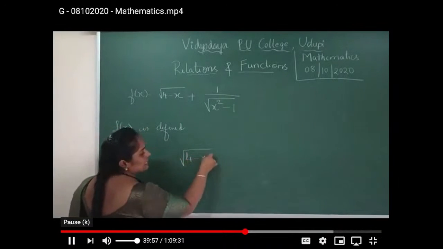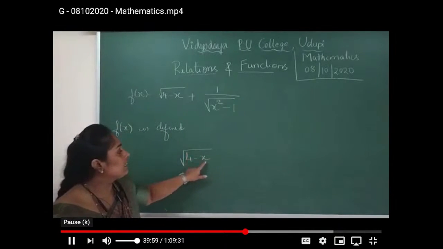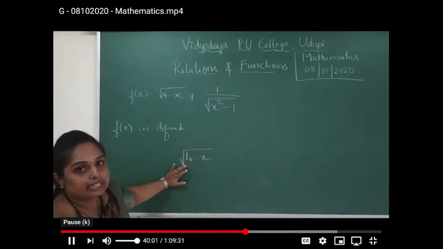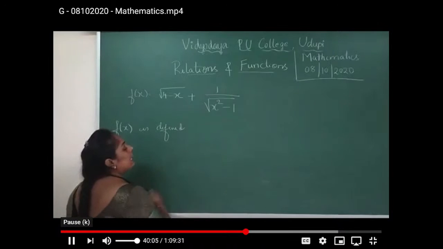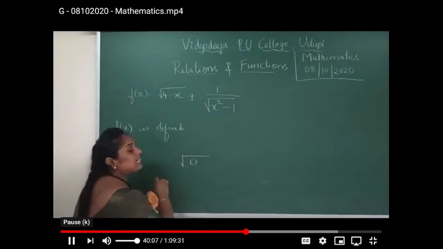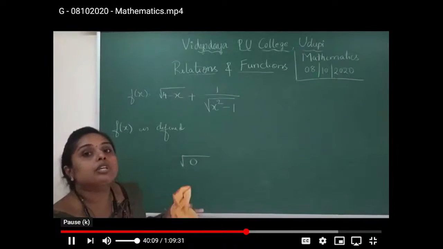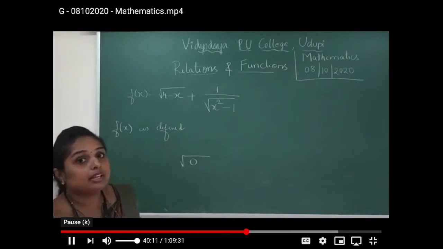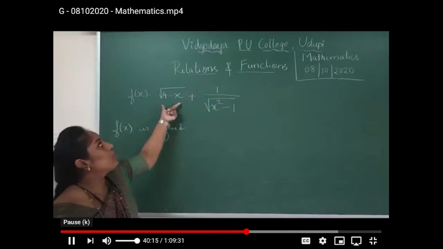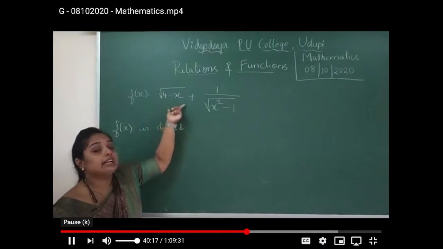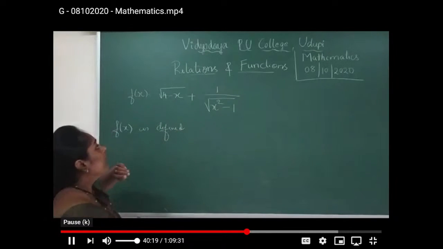Inside the square root if I get minus value, again it's not a real number. And inside the square root if I get 0, root of 0 is 0 only, and 0 is a real number.